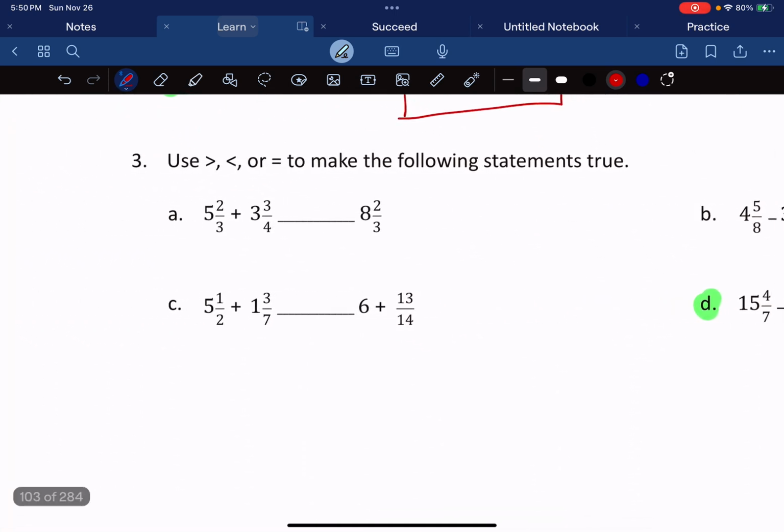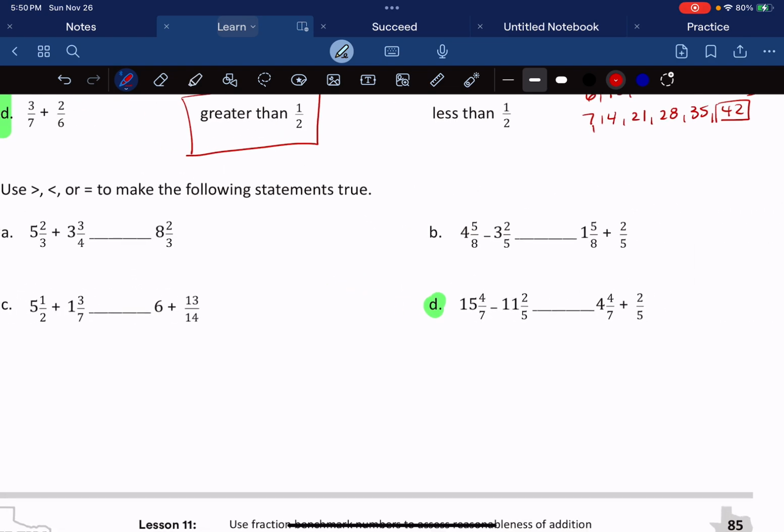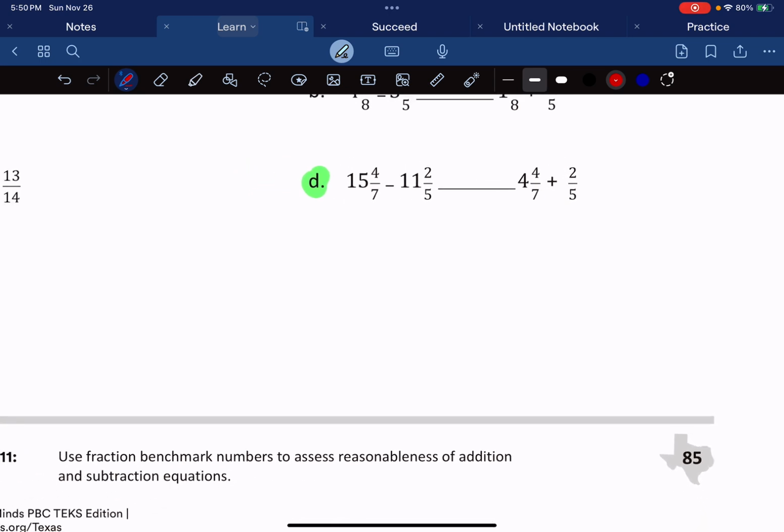It tells us to use the greater than, less than, or equal sign symbol to make the following statements true. So they give us a couple of expressions here. So we've got to work both sides out. So let's do 15 minus 11 and 2/5. And again, you're going to want to do this on your notebook paper.